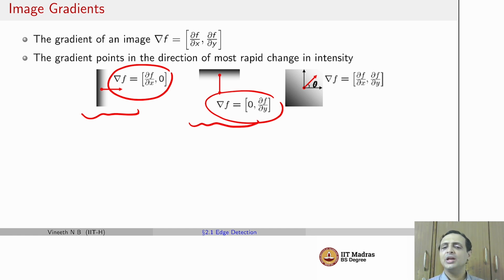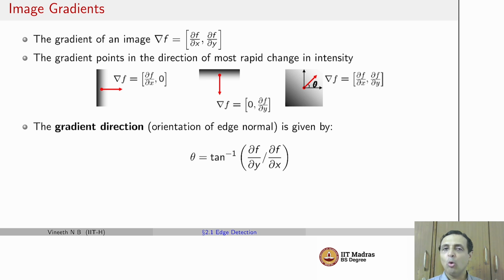On the other hand, if you had an edge in a completely different direction, like a diagonal direction, not aligned along the vertical axis or the horizontal axis, then you would have a gradient given by ∂f/∂x, ∂f/∂y. So in both directions there is a non-zero gradient, which gives you an edge in a different direction.